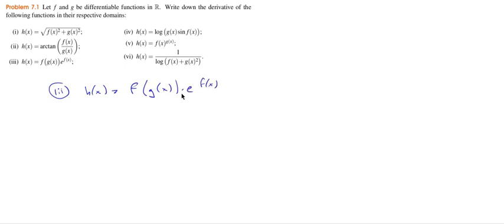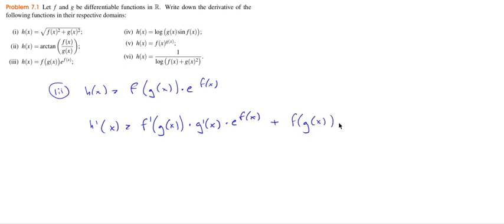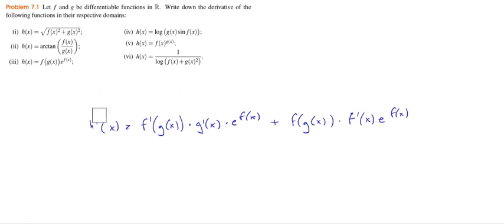So we have to apply the product rule and the chain rule at the same time. h prime is going to be, first, the derivative of the first factor, which is f prime evaluated at g times g prime, times the other function without differentiating, which is f at g times f prime at x, because that's the derivative of this second factor. It's just straight application of the product and chain rules.